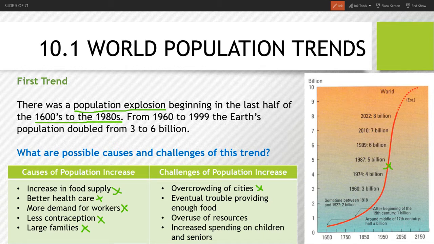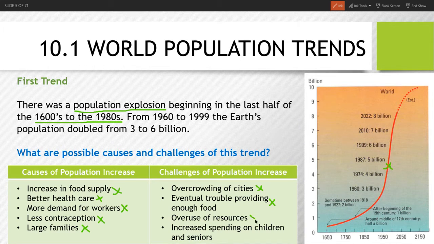Eventual trouble providing enough food. So down the road, if your population increases too high, maybe your country has gotten to the point where the productivity for food production has reached its highest point. And therefore, any additional people added to the population may put extra strain on the food supply.